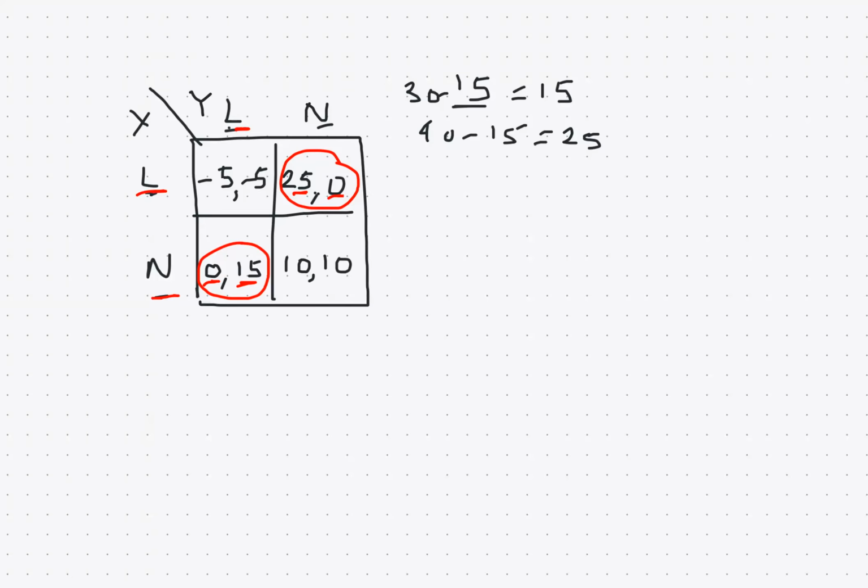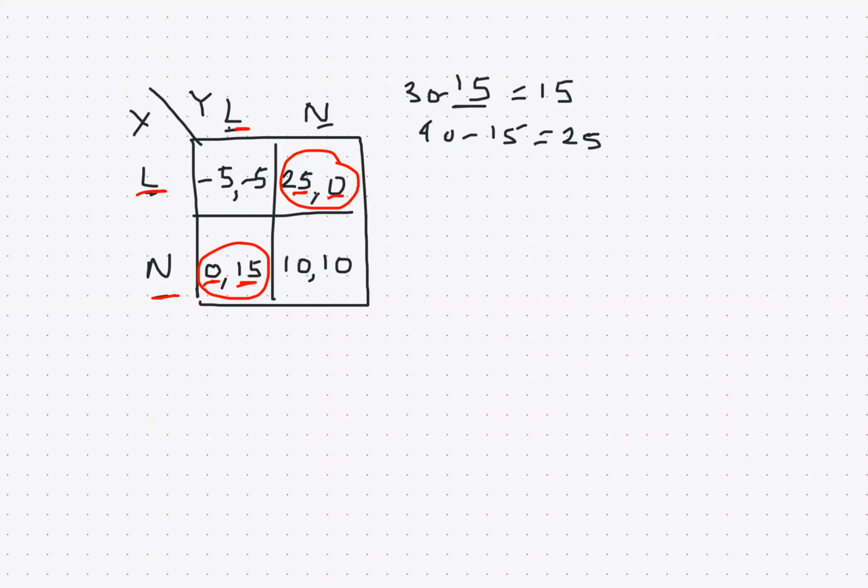If this strategy is optimal for firm X in response to firm Y's strategy, then it must be that the expected payoff from playing L equals the expected payoff from playing N. Otherwise, firm X would strictly prefer to pick either L or N.